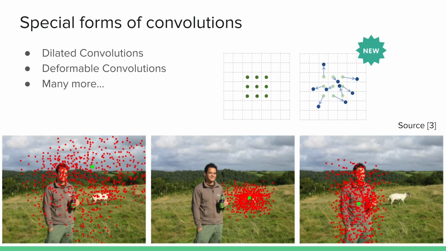There are also special forms of convolutions, dilated convolutions, deformable convolutions, where the network learns to not have a fixed 3 by 3 or 5 by 5 grid, but says maybe it could be more interesting to take a rotated version of this, and it learns to extract this in a more reasonable way, and they perform quite well. These are quite new, and they have been shown to work well for many problems.